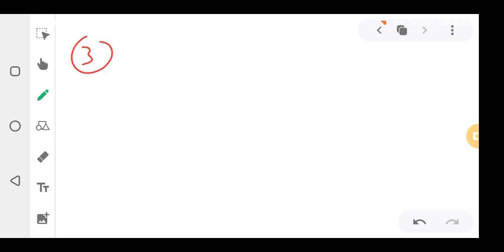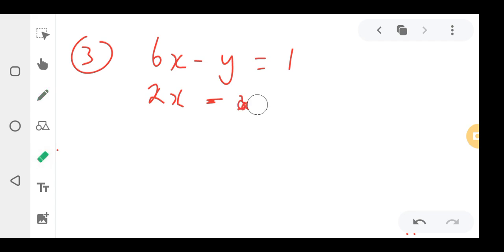Question 3, 6x minus y is equal to 1, 2x minus 3y is equal to 0.